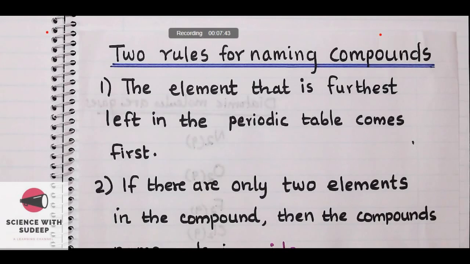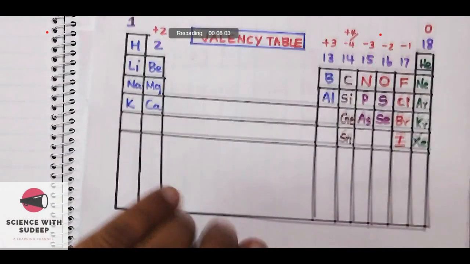There are two rules we have to learn when naming a compound or writing a chemical formula. The first one is that the element that is furthest left in the periodic table comes first. When you write a chemical formula, you start with the element on the left side of the periodic table. Look at this periodic table.